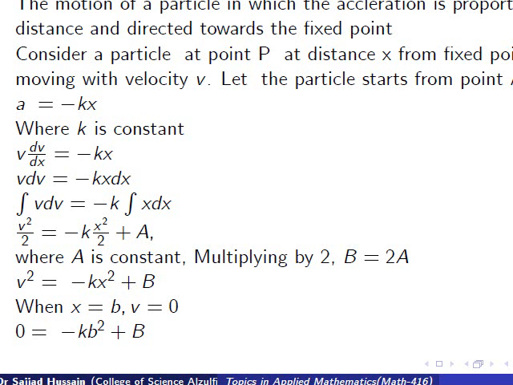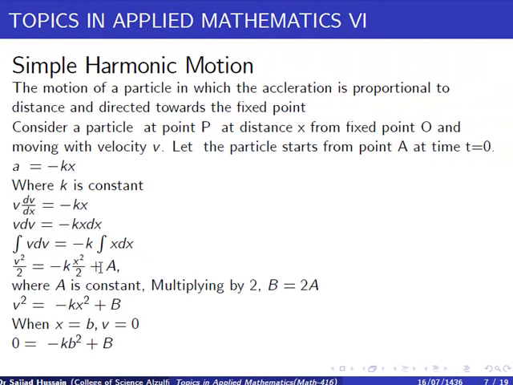Consider a particle at point P at distance x from fixed point O and moving with velocity v. Let the particle start from point A at time t is equal to 0. Then by the definition, the acceleration is proportional to distance x.